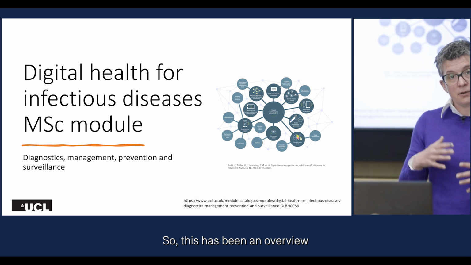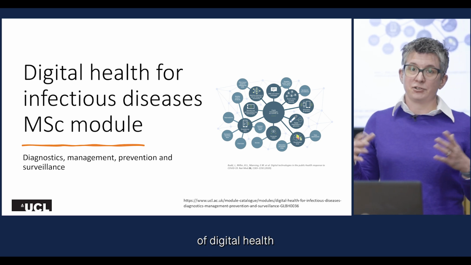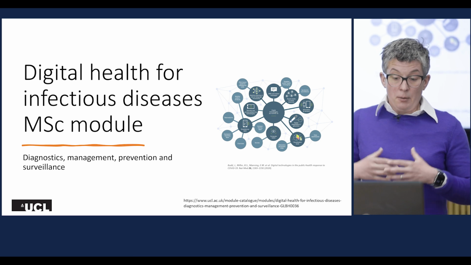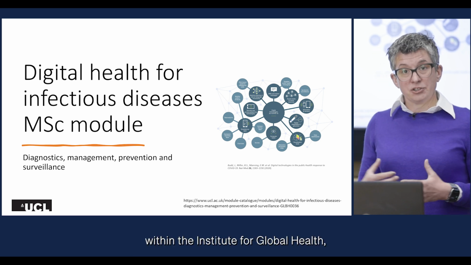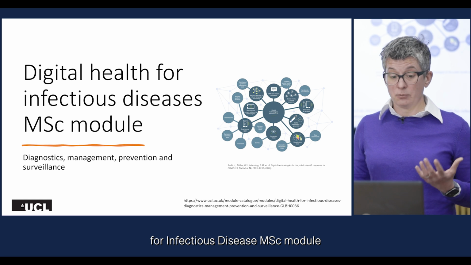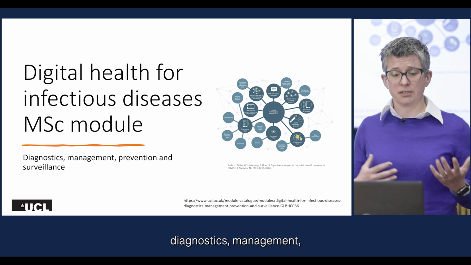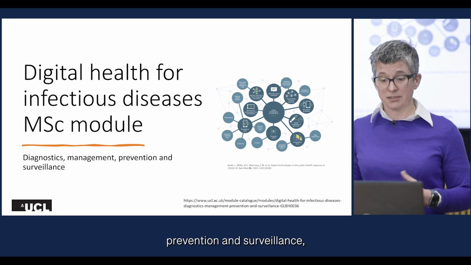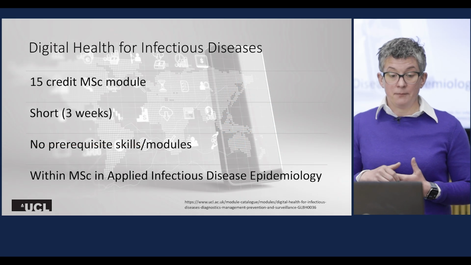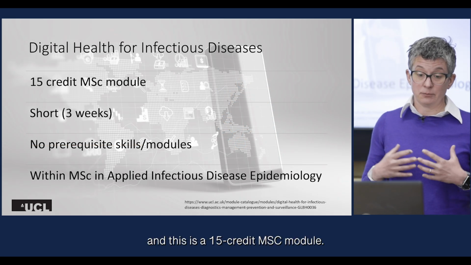So this has been an overview of digital health and considering antimicrobial resistance. But at UCL, within the Institute for Global Health, we offer a digital health for infectious disease MSc module, which considers diagnostics, management, prevention, and surveillance. This is a 15-credit MSc module that's a short module.